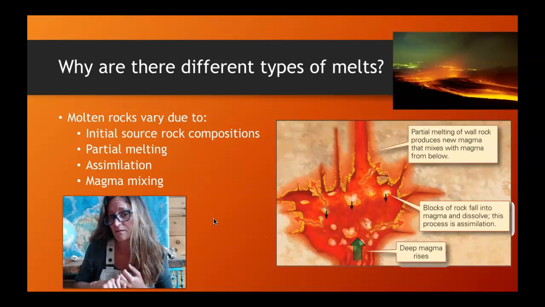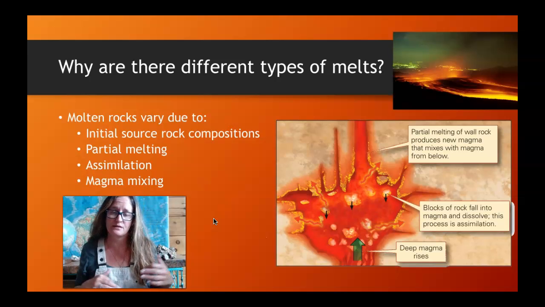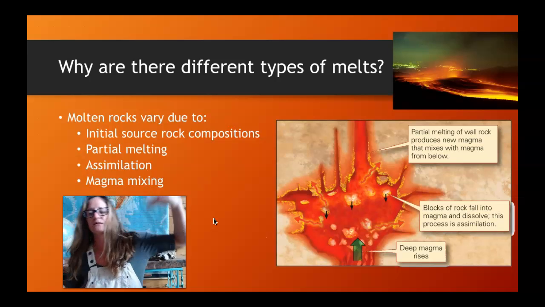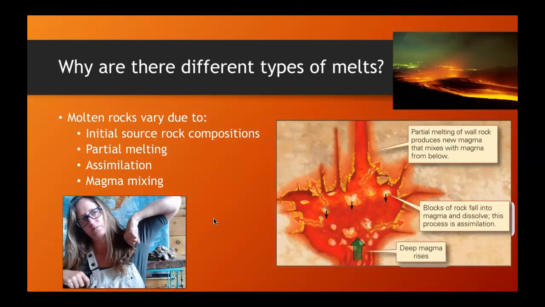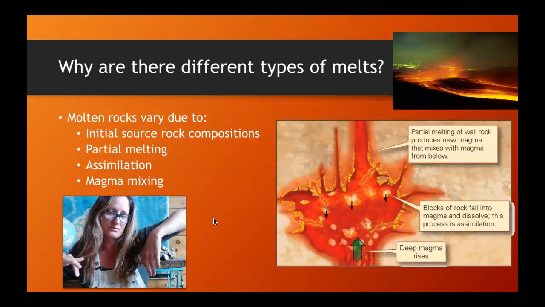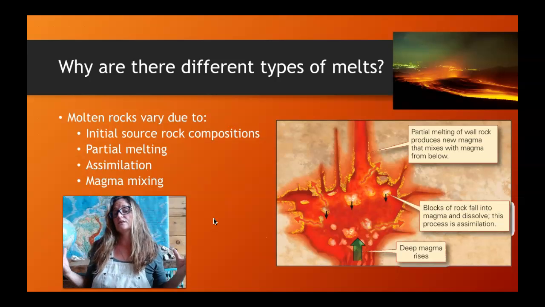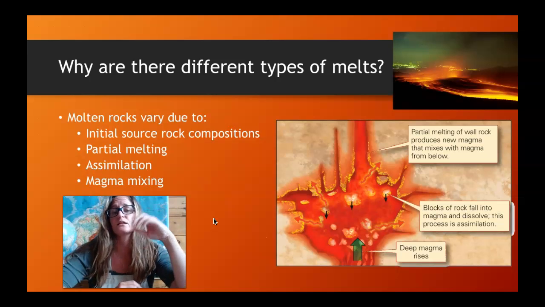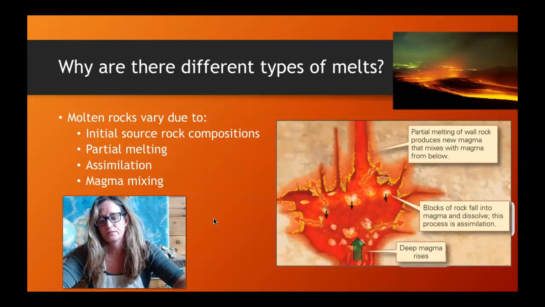How much does it melt? We call that partial melting. How much assimilation, that is the magma assimilating the rock around the magma chamber, the country rock or the wall rock. And then maybe mixing magma, two magmas mixing. And then we'll also talk about fractional crystallization at the end.